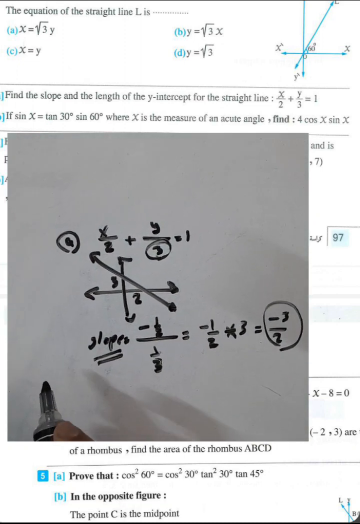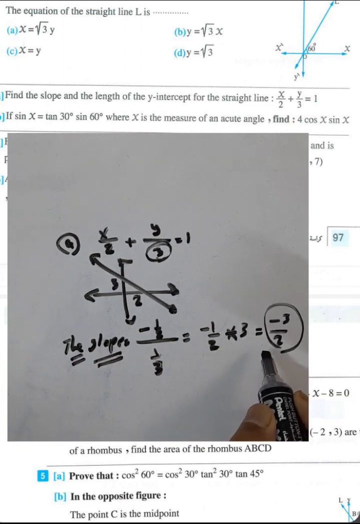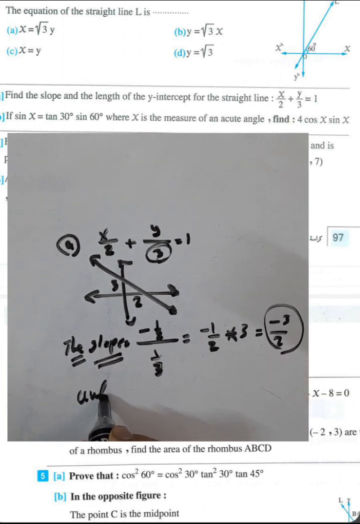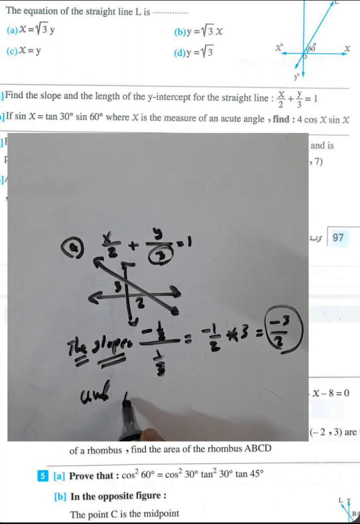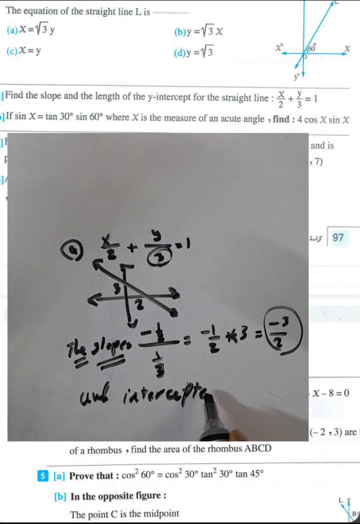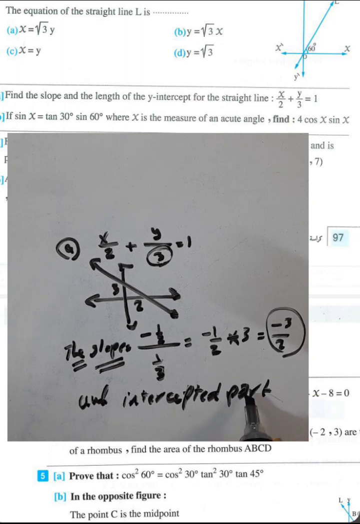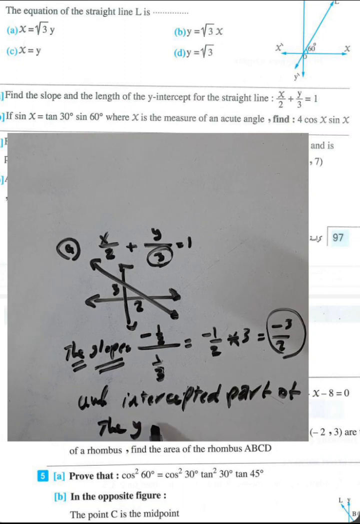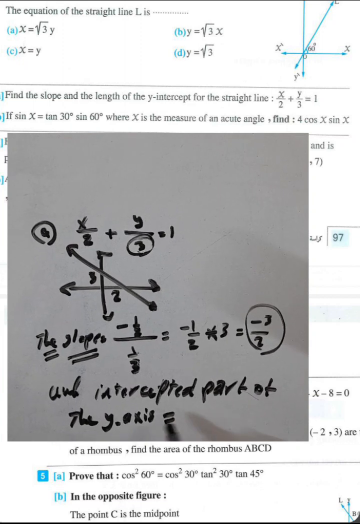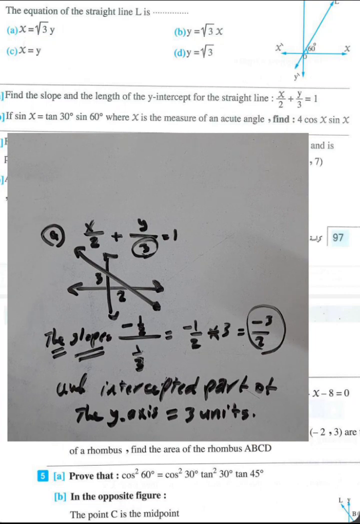Then you can write the slope equals negative 3 over 2 and the intercepted part of the y-axis equals 3 units. Okay?